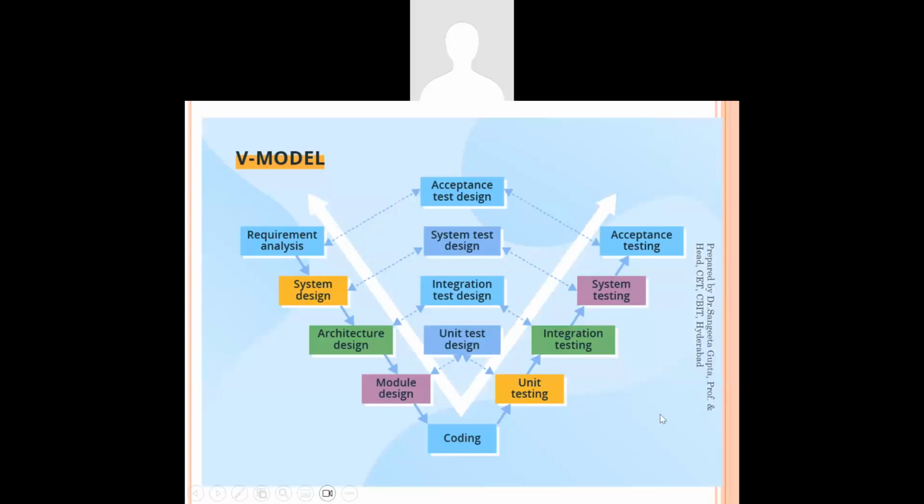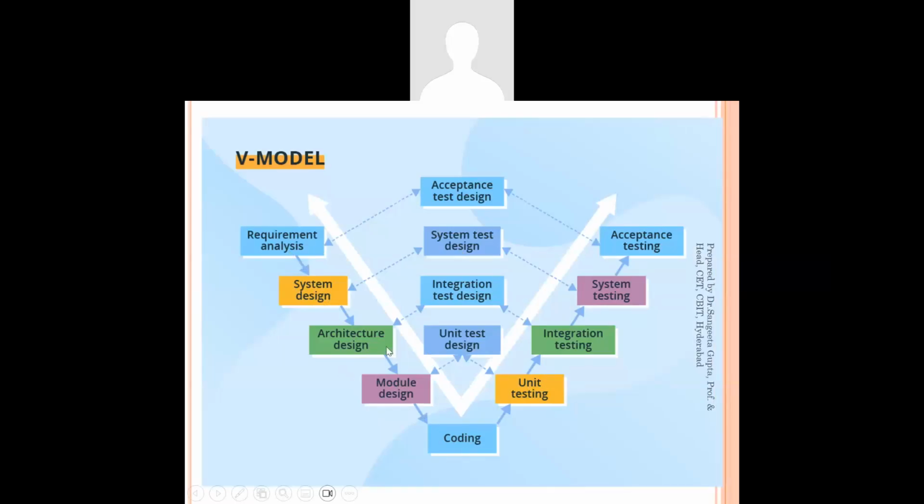This is how the V model looks, in the form of a V, where we have various phases arranged one below the other, starting from the requirements analysis phase, system design phase, architectural design, module design, and coding phase. During each and every phase, we apply a category of testing. During the design of modules or components, unit testing is applied.